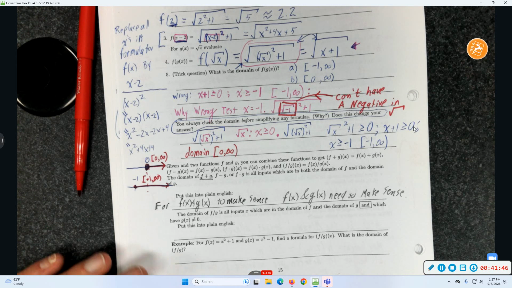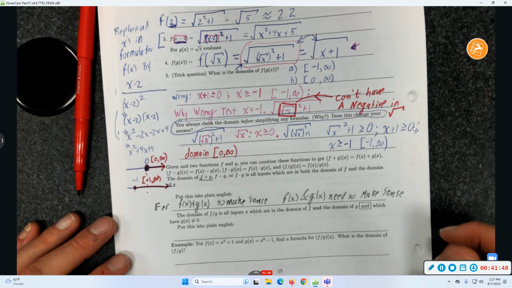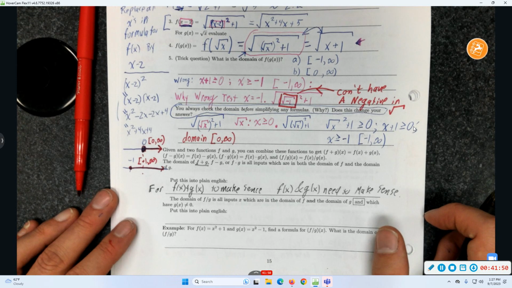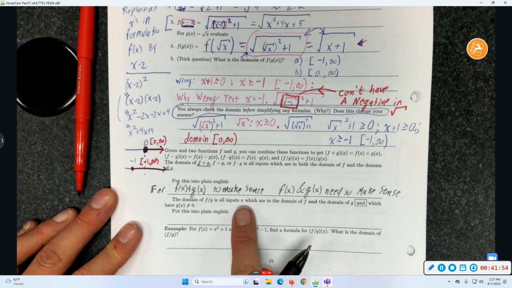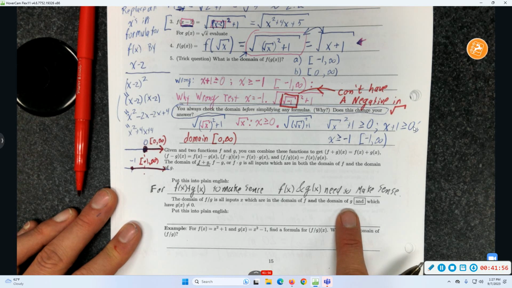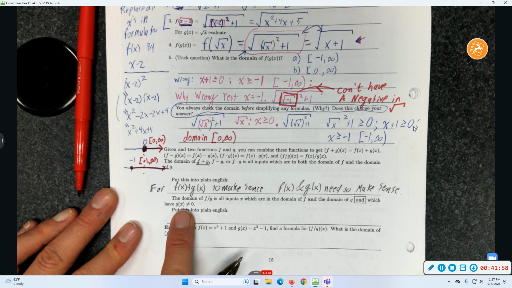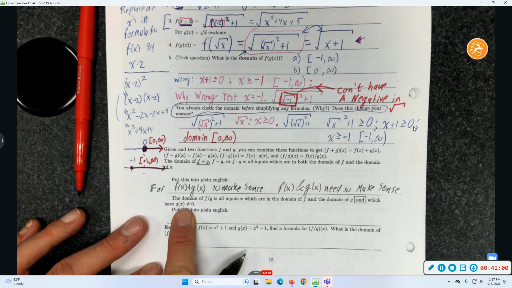Division's different though, right? If you want to divide something by another thing, there's a thing you can't divide by: 0. So the domain of f divided by g is all inputs which are in the domain of f and in the domain of g, and which have g of x not equal to 0.